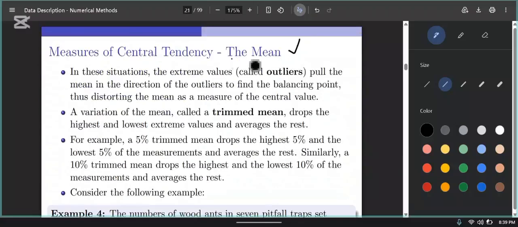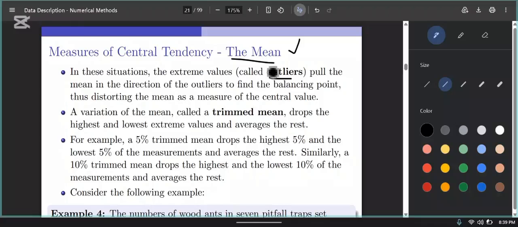So the mean, like I said, is a very good representative of a large data set. But the problem with the mean is that it is affected by what we call outliers. An outlier is an extremely high or low value. So that is the disadvantage or the weakness that the mean has.